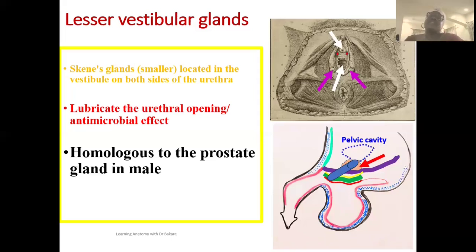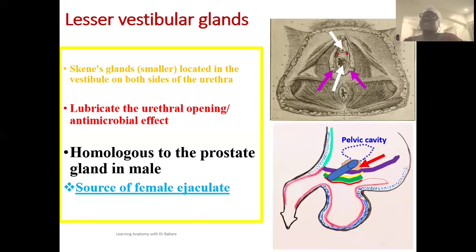So let's look at the features that the prostate gland presents that allow for its similarities with the lesser vestibular gland in two respects. First, because the lesser vestibular glands act as a source of female ejaculate. During orgasm, the lesser vestibular gland is believed to also contribute to the substance or secretions that is released during this process.